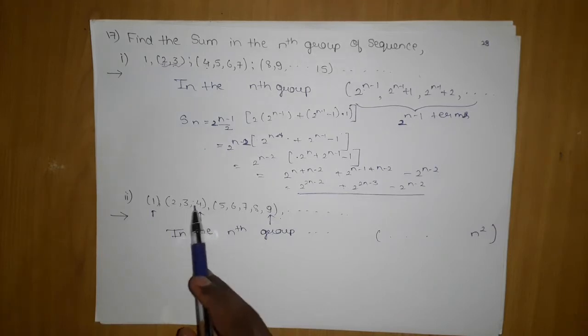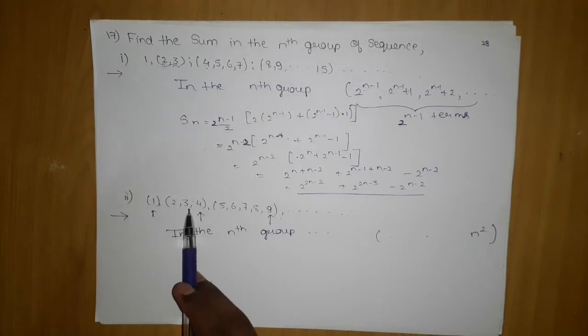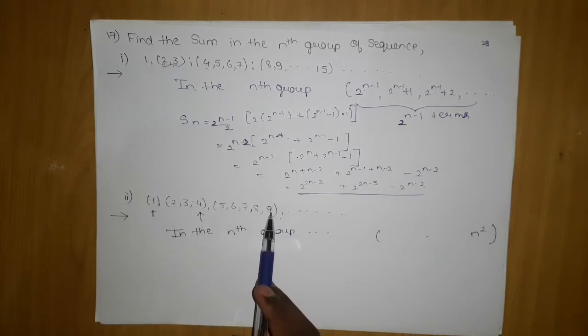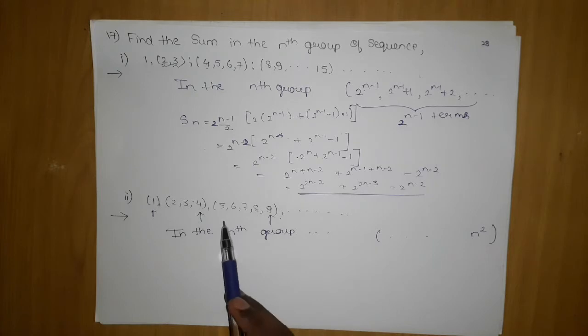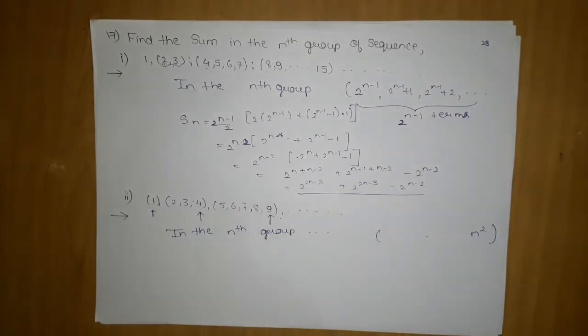Here it was 4, so we are having 3 terms. So it can be one term just less than 4. Here it is 6, so here it should be 8, but it is not that. We need to get n, the number of terms. Even if we are not able to predict the number of terms, we cannot solve this problem.